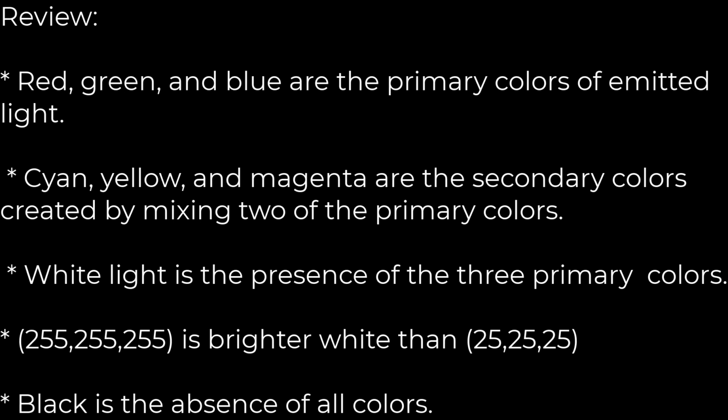White light is the presence of the three primary colors. 255, 255, 255 is brighter white light than 25, 25, 25. And black is the absence of all colors.